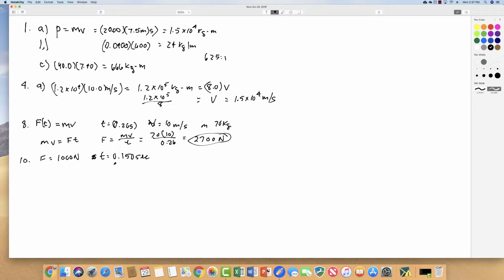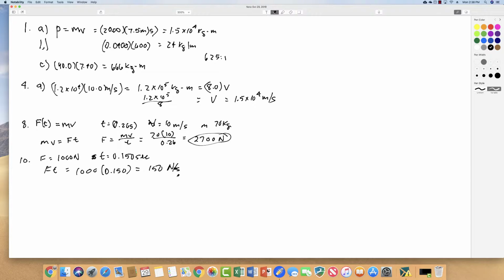The question is, calculate the impulse imparted by the blow. Well, that's just Ft, which is just 1,000 times 0.150, which is going to equal 150 newton seconds. Not newtons per second, excuse me, Newton seconds.